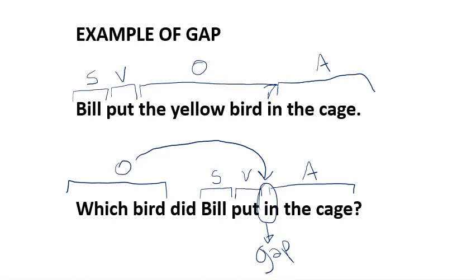So, what happens in your brain when you read the object first, which bird, and then you read the subject and the verb, etc.? Does your brain store the object, waiting for the occurrence of the verb, and then put the object after the verb? Do you wait to see where the object will fit so that you understand the sentence?